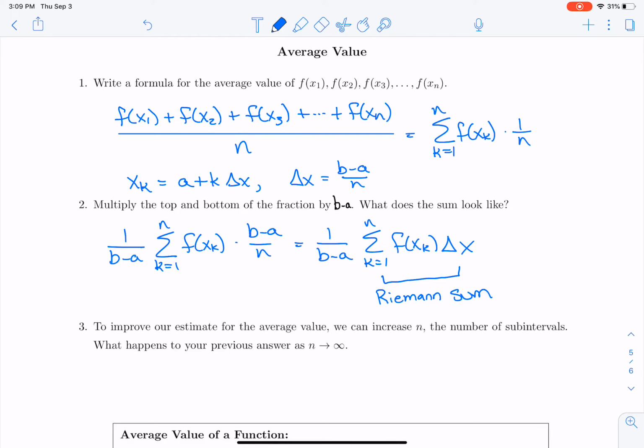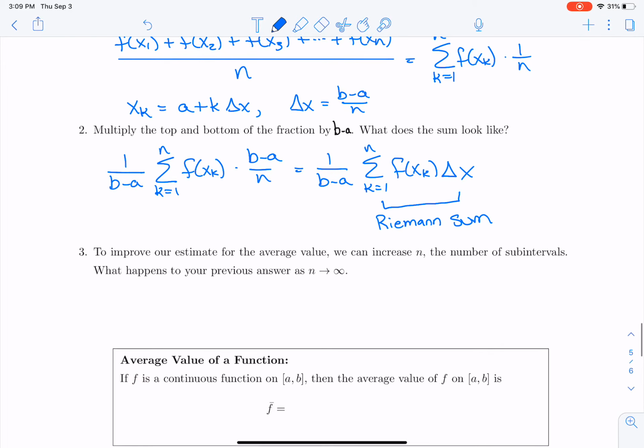Well, we've talked about already that if we used more points, we could increase n in that way, increase the number of intervals that I'm looking at, the number of points I'm using to represent the function. And that would make our estimate more accurate.